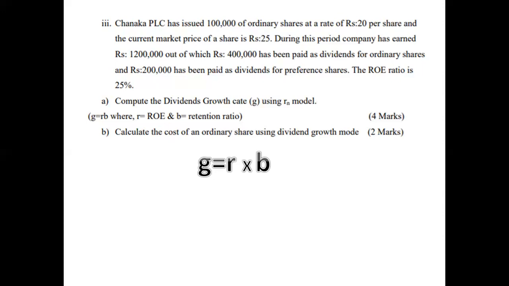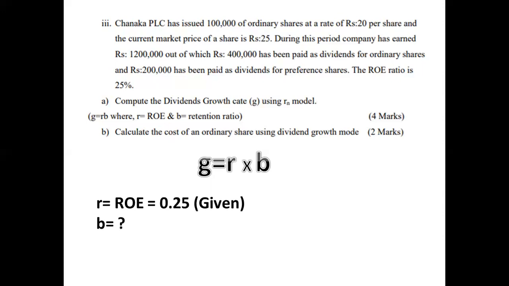Normally, after a company earns some income, first of all we need to pay interest expenses, then we need to pay taxes, then dividends for preference shares, then we pay for ordinary shares. The retention ratio means keeping some profits with the business, with the firm, as reserves.